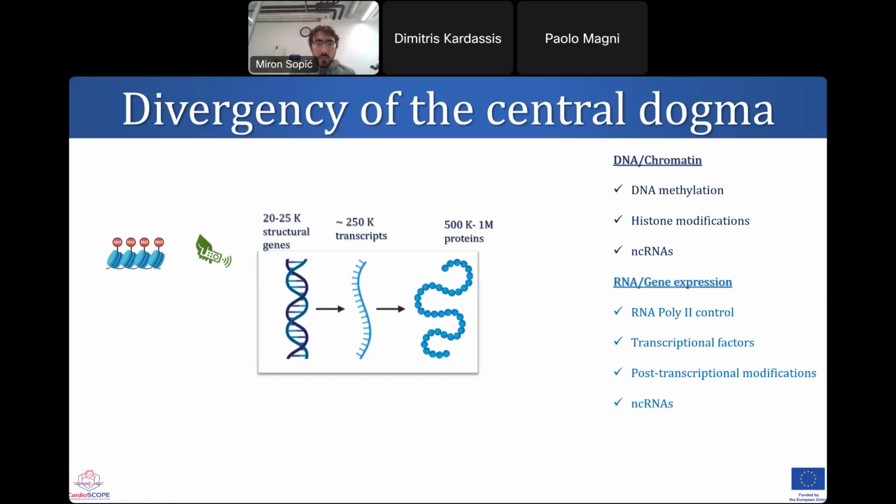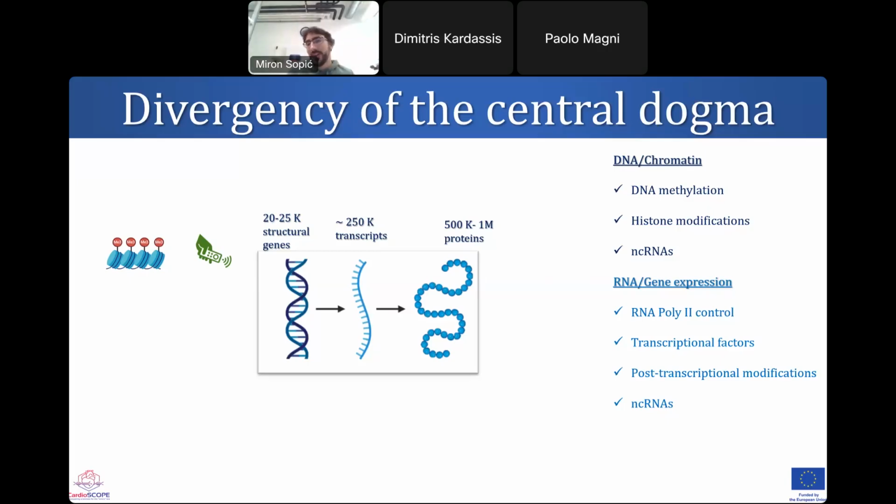This can also be seen in the numbers because we have around 25K of structural genes in the DNA. We have about 250K of transcripts, which is 10 times more. And when it comes to proteins, I always try to find what is the number of proteins, but the literature is really diverse in providing me answers.